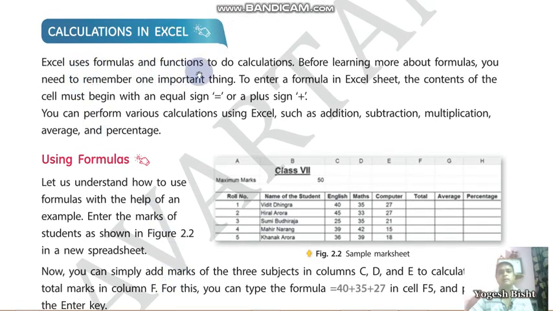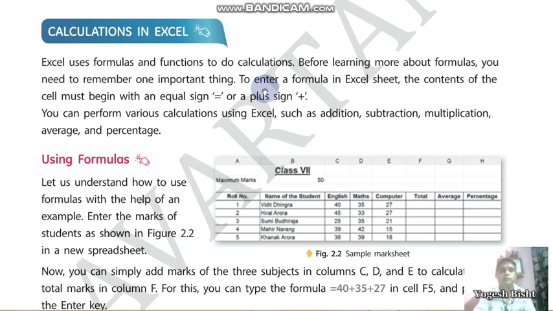Excel uses formulas and functions to do calculations. Formula means to do any sort of calculation using the operators and the operands, and function means it is a predefined formula. So if you are using a sum function, it means it is used to do the addition part. So while mentioning the name of a function, we need not put the plus sign because it is already understood that sum is used for addition.